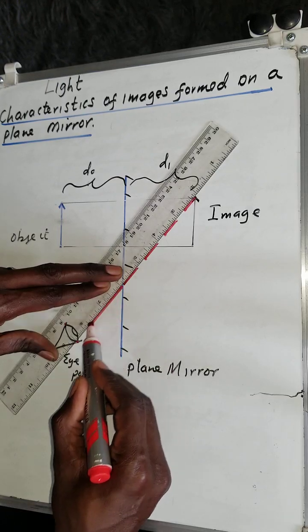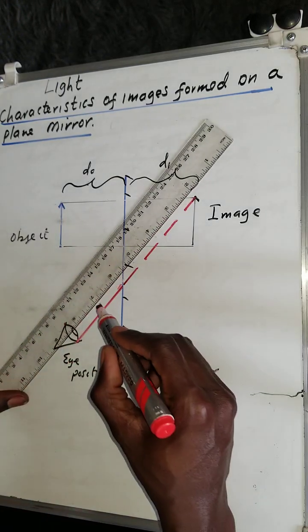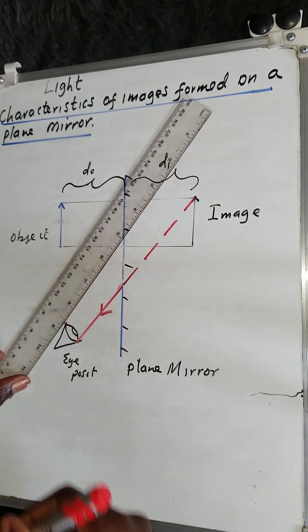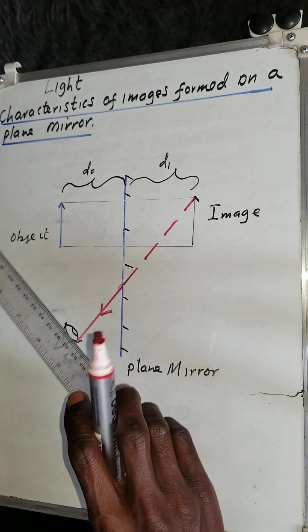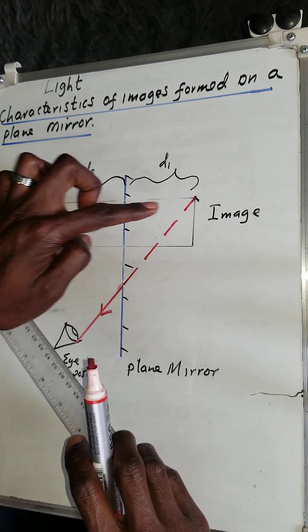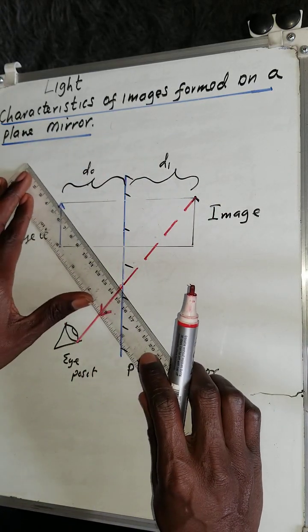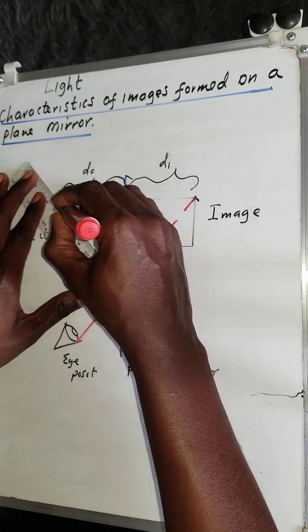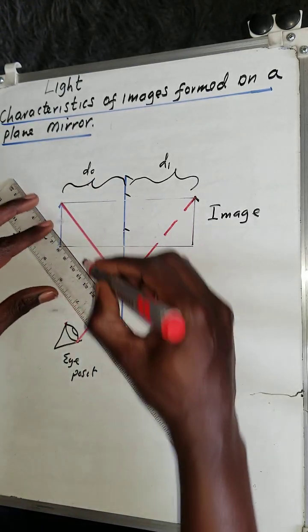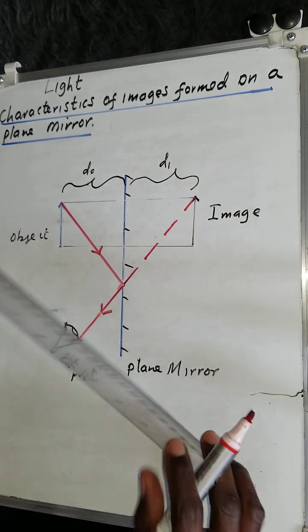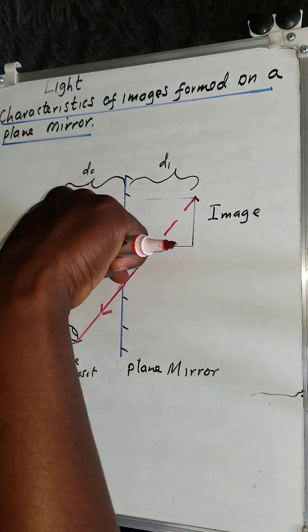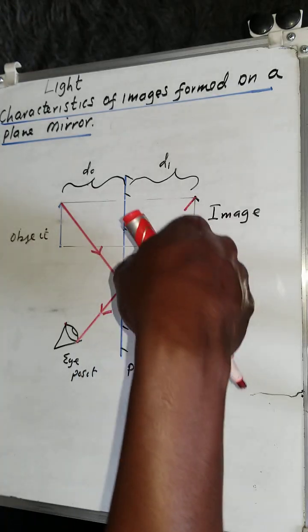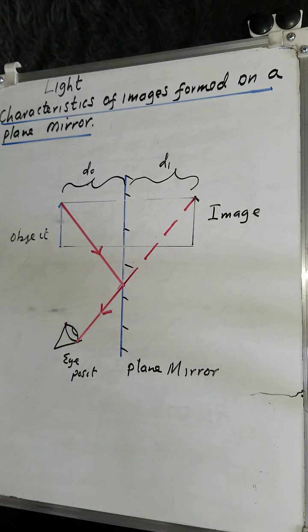Then in front you can use solid lines. So you can see the rays are coming to your eye. Then from the same point on the image, you join it to the mirror where it meets the mirror. So it's like the ray was coming from the object, it bounces off and comes to your eye. That's the way you draw it.